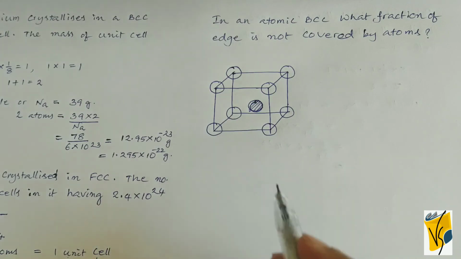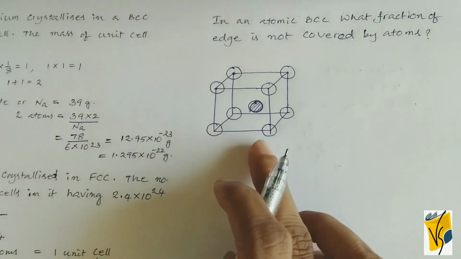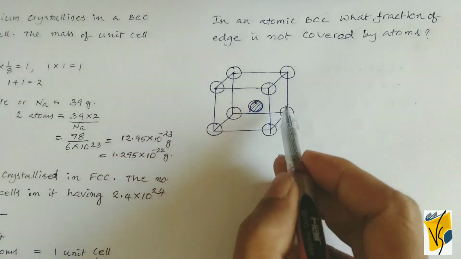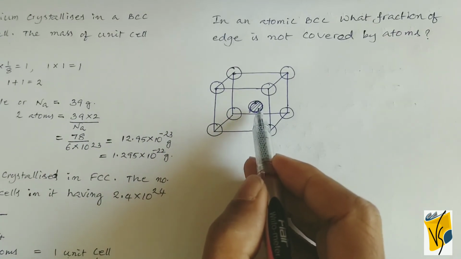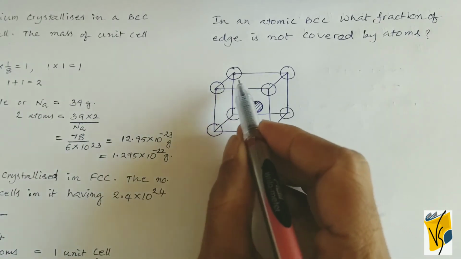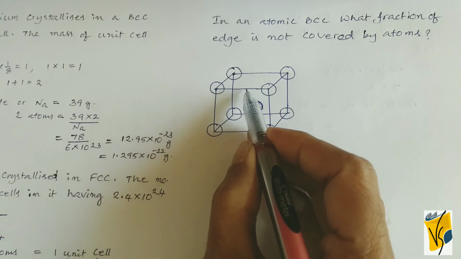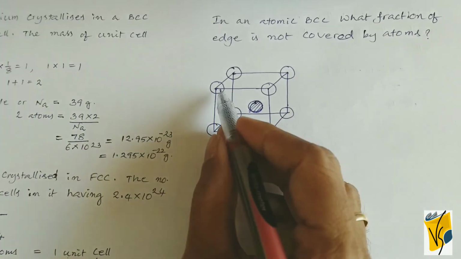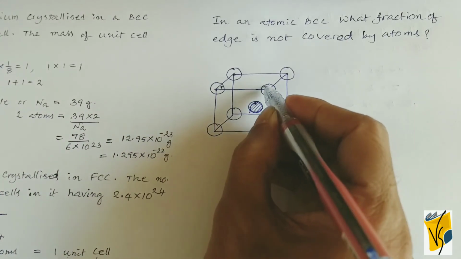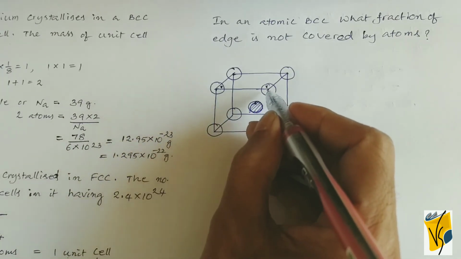Next question: in an atomic BCC, what fraction of edge is not covered by atoms? This is the body-centered cube in which 8 atoms are present at the corners and 1 at the center of the body. If you see this, 2 atoms are present at the corners along this edge. So if you take the edge, there are 2 radii coming into the edge, and these 2 atoms are not touching each other.